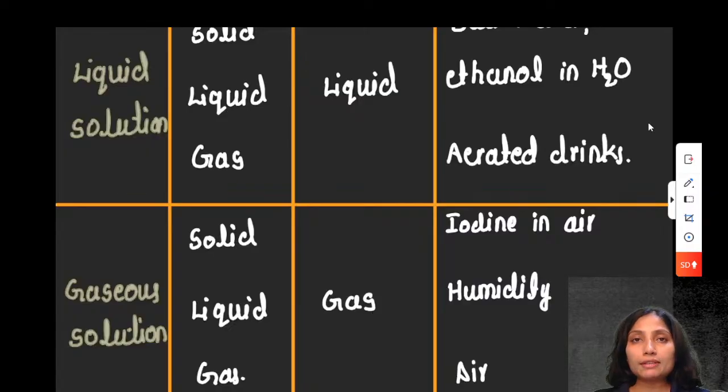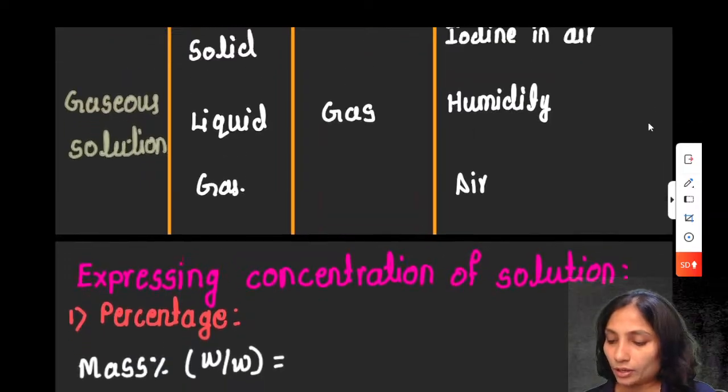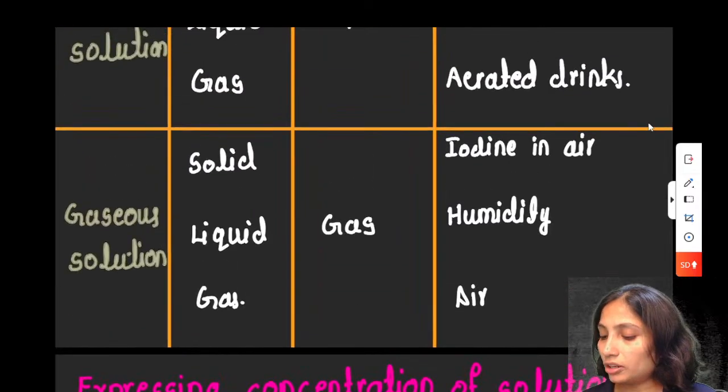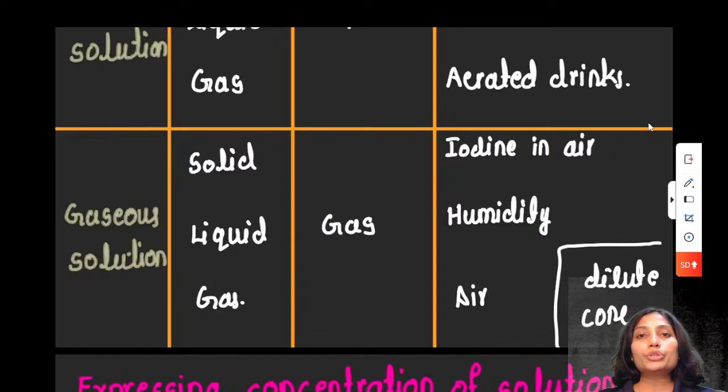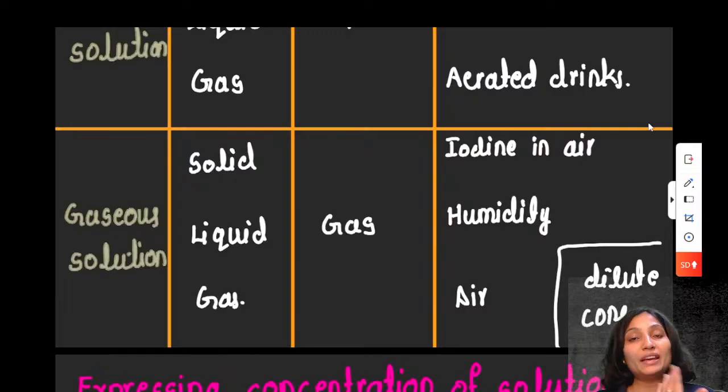Dilute solution is the one where the amount of solute particles will be less, and concentrated solution is the one where the amount of solute will be more.